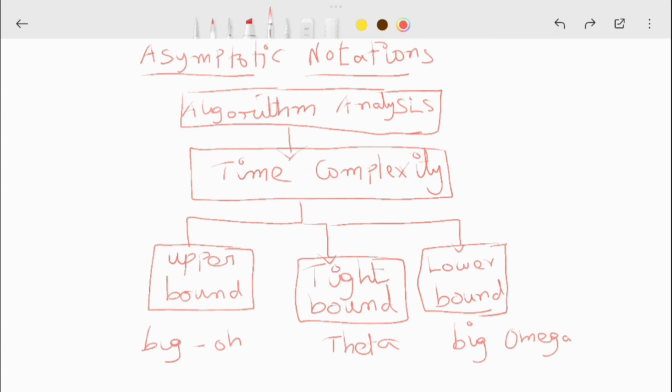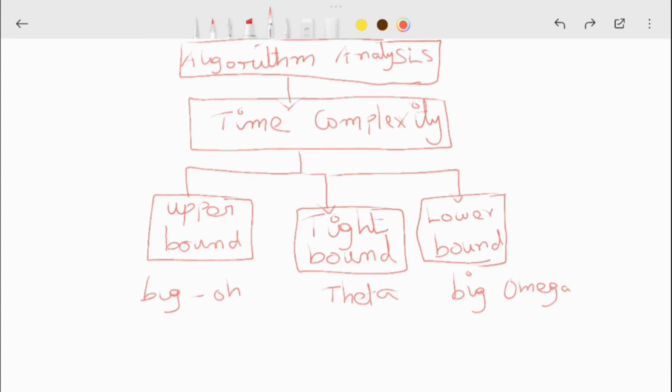For your better understanding, just take the upper bound as related to the worst case, the lower bound as related to the best case, and the tight bound as the average case. The upper bound of an algorithm can be represented using big O notation.